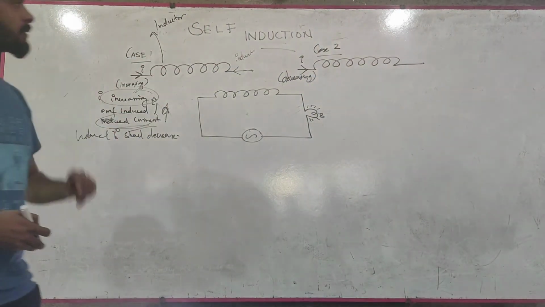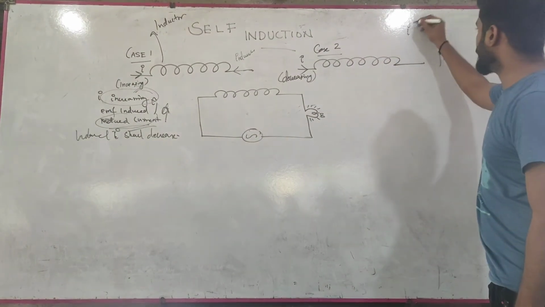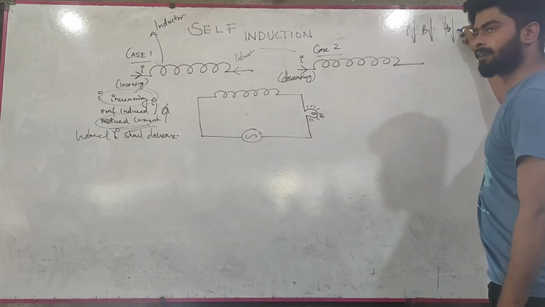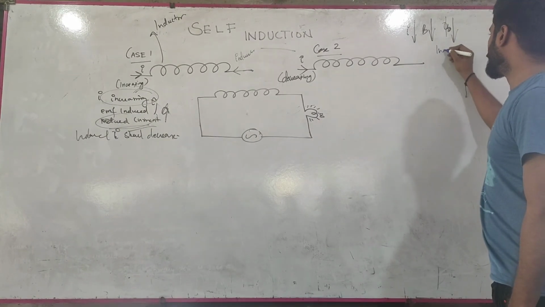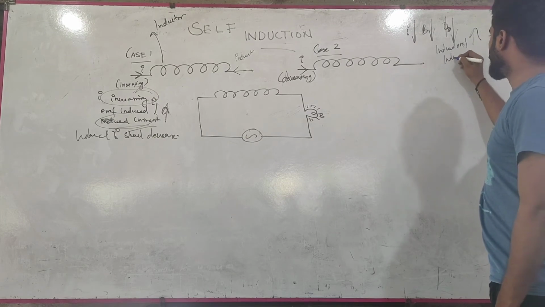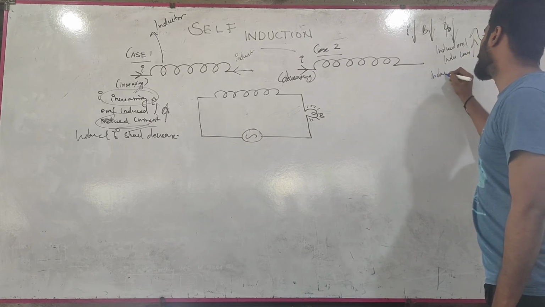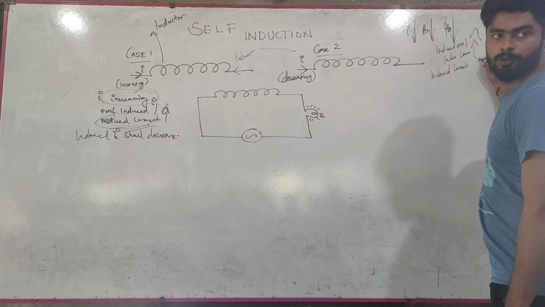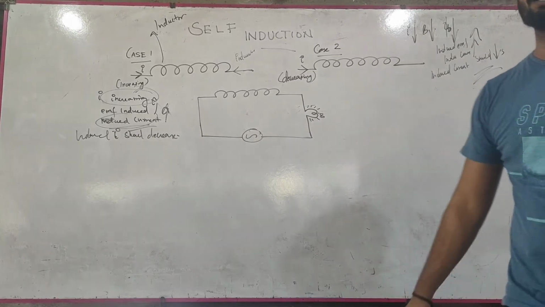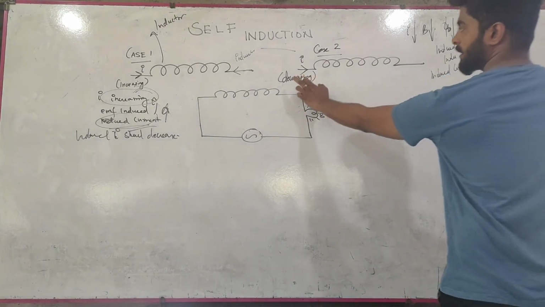So similarly, let's go to case number 2 where you can see I is decreasing, right? So if I is decreasing, tell me the magnetic field will be? So magnetic flux will be? Therefore, the induced EMF is changing, and the induced current should increase, right?